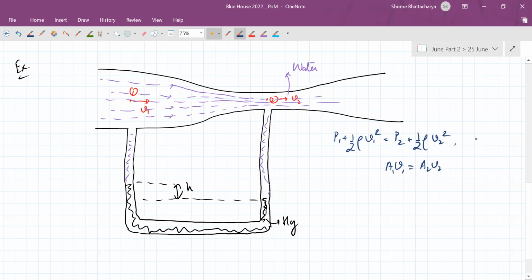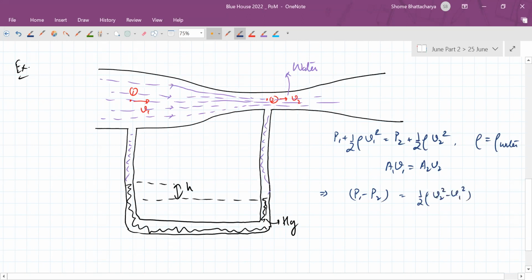But before that, in this equation, rho is the density of water. So we have P1 minus P2 is equal to half rho times V2 square minus V1 square. So that is half rho, we can take V2 square common. We have 1 minus.